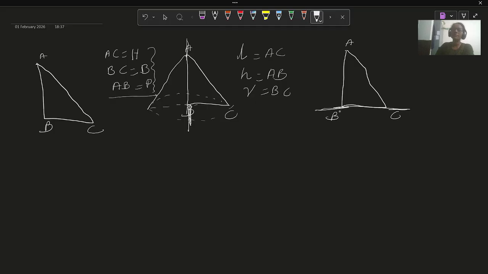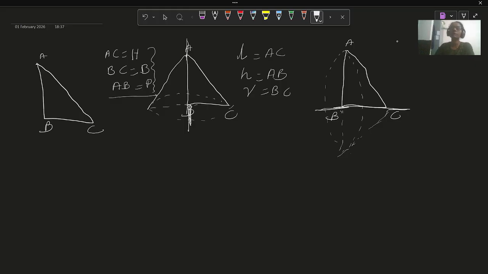Now you revolve it like this, and this piece of paper forms some solid like this. You can easily imagine it, and if you use a piece of paper you can easily do it. This type of shape is also called a cone. The position gets changed, but it is a cone only.